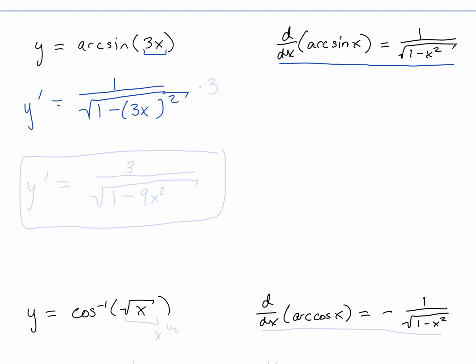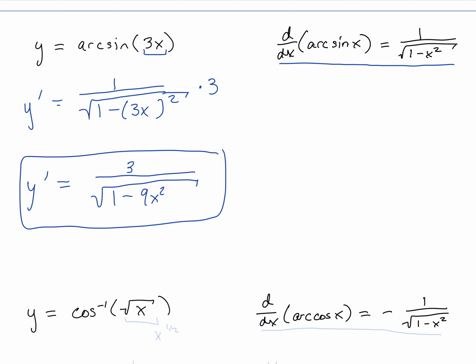Now this is a chain rule where 3x is the inside function, so we still need to multiply by the derivative of 3x, that's just 3. And we're left with y prime is equal to 3 over the square root of 1 minus 9x squared. And that is our first derivative.